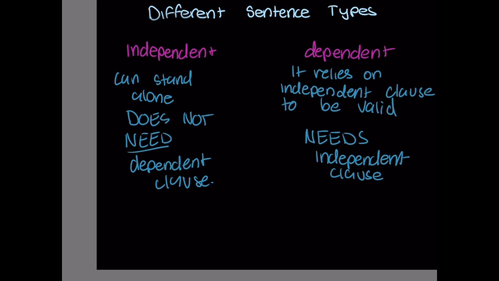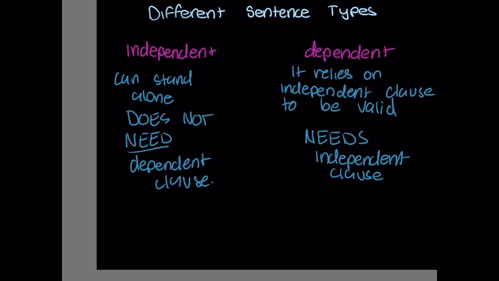Okay, so how do I know which one is valid? How do I know which one is independent or dependent? Let's start off with this clause right here. We know this is its own clause because of the comma or like the separation. So let me just say that the main way you can tell is because of this because.